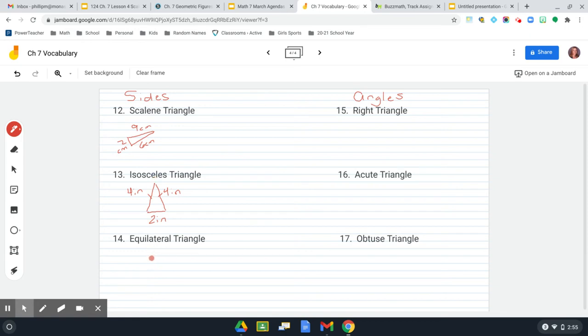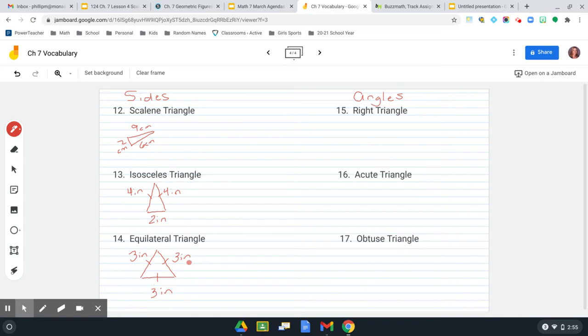Equilateral, 3 congruent equal sides, 3 congruent equal angles. So in an equilateral triangle, they're unique. They have all 3 sides the same, like this. So I could tell you that this is 3 inches, this is 3 inches, this is also 3 inches.